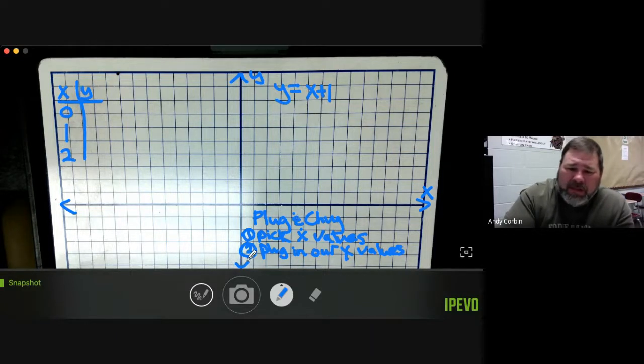So that's actually our third step, is we're going to chug, that's what we call the chug, to our Y values. That's a Y right there.